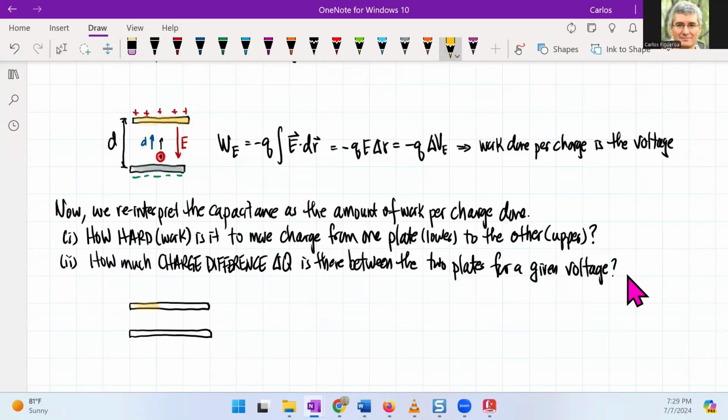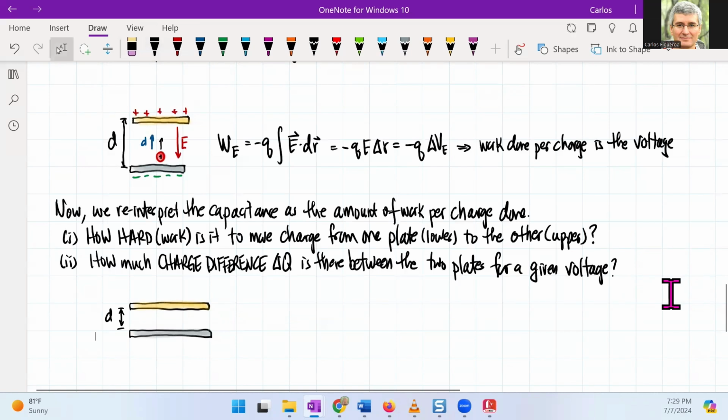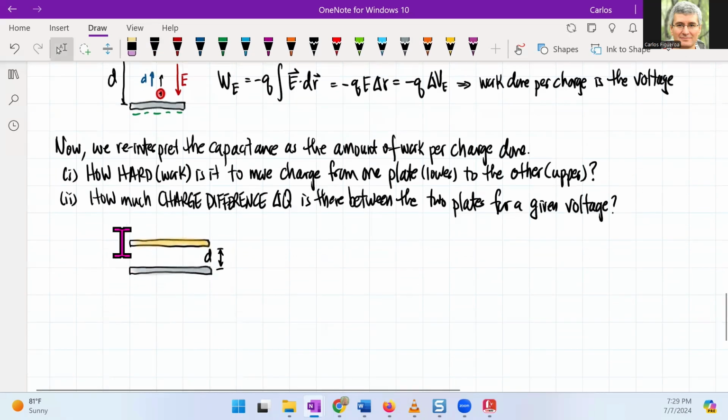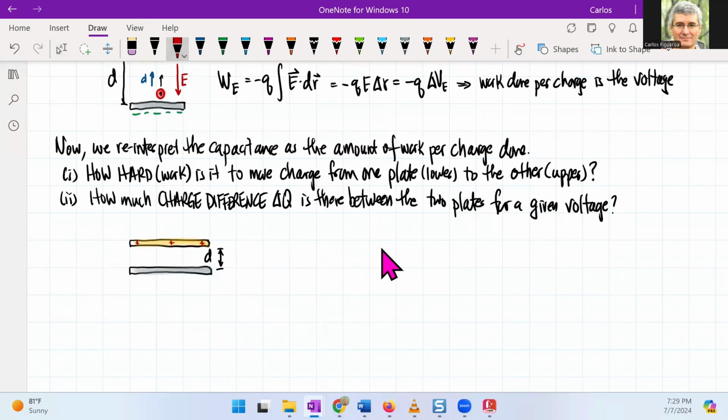So when I'm looking at this guy versus this one, I'm going to say that the separation in this situation is D. I'm going to move this over here. So when I look at this, I'm talking about the separation of charge. In this situation, I have this amount of charge on the plates like that. So I'm going to say that this charge difference is going to be a small charge difference.